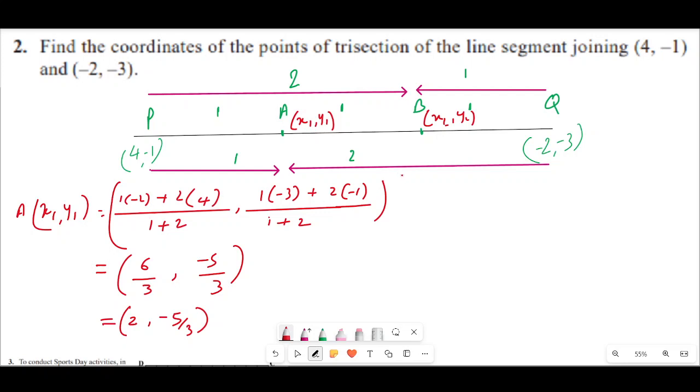Now for the coordinates of B, in the same manner we will try to find B, that is x2 and y2.